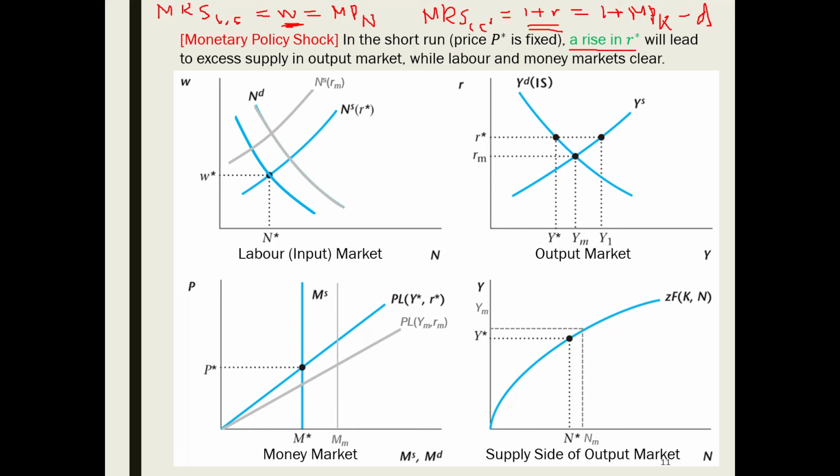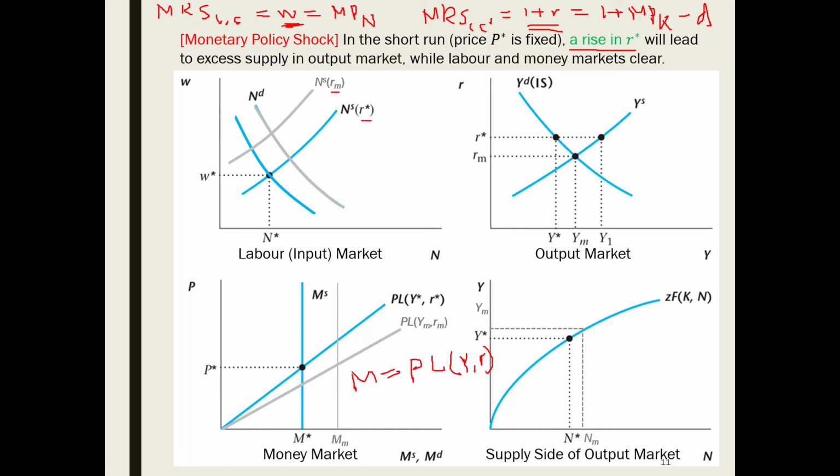In the money market, money supply is equal to money demand, and money demand is equal to price multiplied by the liquidity function, and the liquidity function is a function of output and interest rate. The starting point of the analysis is a rise in interest rate. Let's assume the original level of interest rate is R, and the new higher interest rate is R star.